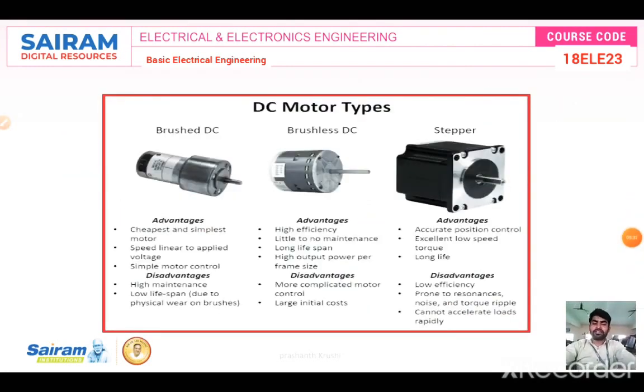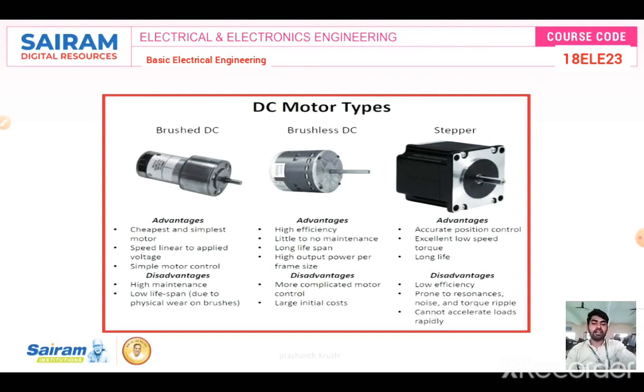Special types of DC motor: brushed DC motor, brushless DC motor, stepper motor. These kinds of motors we are using in cars, and in printing machines or Xerox machines and all. Advantages of brushed DC motor: cheapest and simplest motor, speed linear to applied voltage, simple motor control. The disadvantages are high maintenance required, low lifespan, and physical wear on brushes.